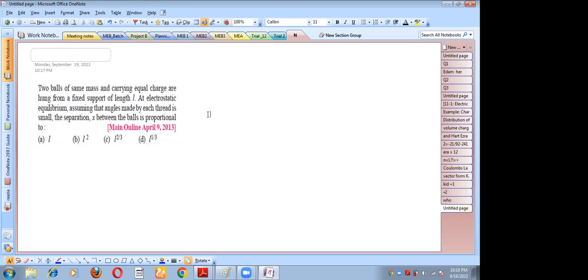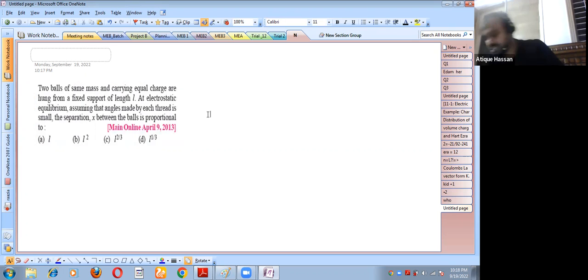Sir, electrostatic equilibrium means F net is zero, right? Yes, yes. Equilibrium means anytime if there is equilibrium, total force must be 0.